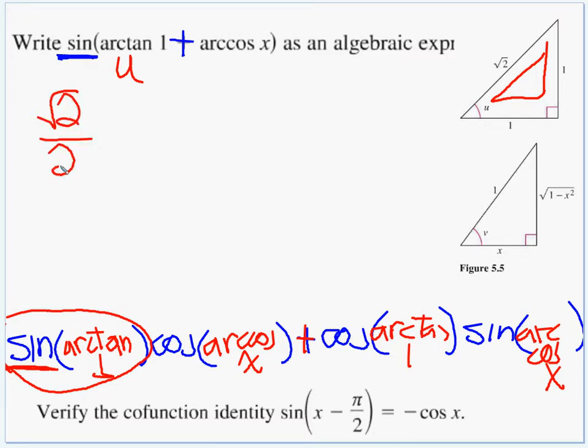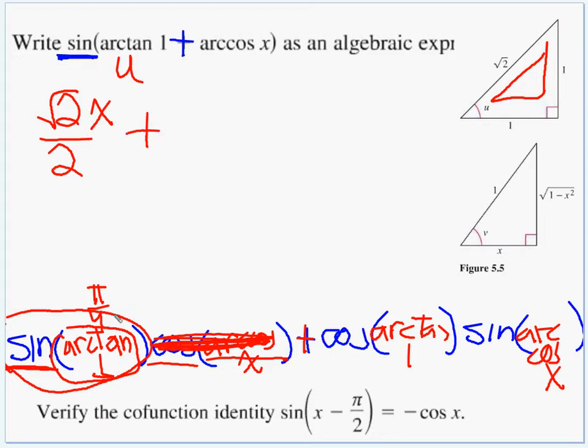Or the way we did it in the example, we did the arctan of 1. Well, that was an angle. Arctan of 1 was pi over 4. What is the sine at pi over 4? Root 2 over 2. Up next, we have the cos of the arc cos. The arc cos and cos will cancel, leaving just the x, so we're going to multiply that by x.